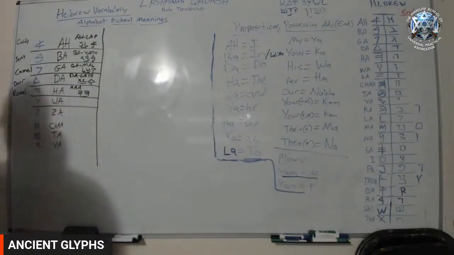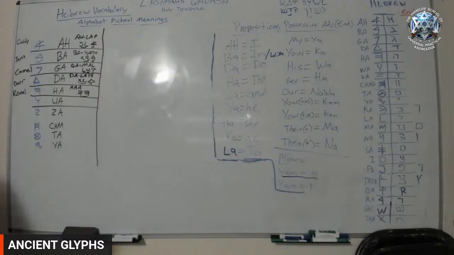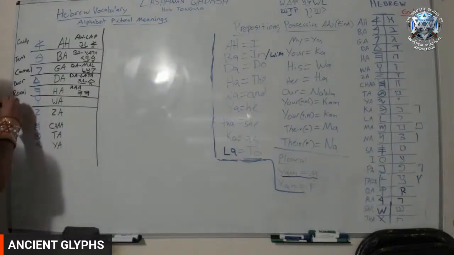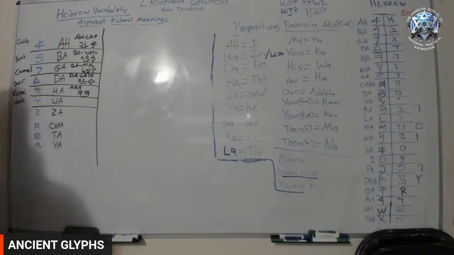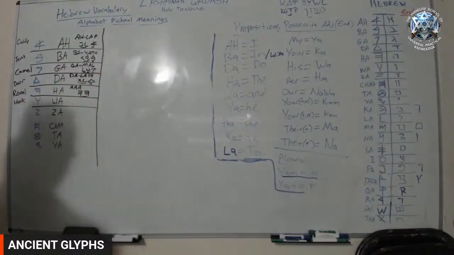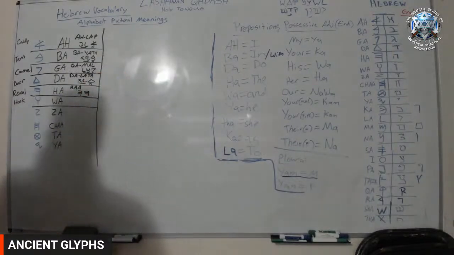Now, next character. Next character is wa. Wa means hook or peg. Now, this is a very good one because we know a hook is usually something that has some kind of a curve to it. We think of a hook as if, say, we're going fishing, right?